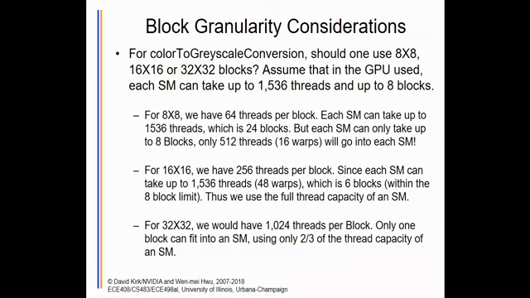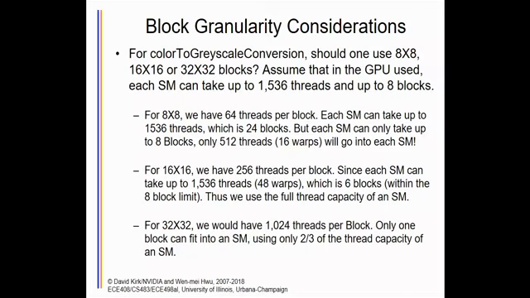Okay? Now, 8 by 8. So if we go to 16 by 16, we'll have 256 threads in each thread block. So that means that from the thread capacity point of view, we would end up with 6 thread blocks, 1,536 divided by 256.